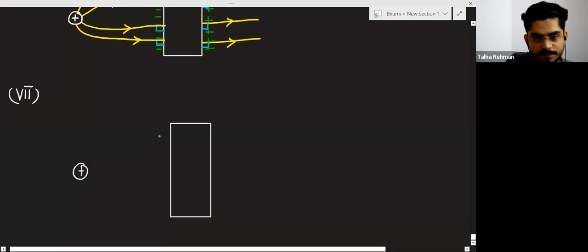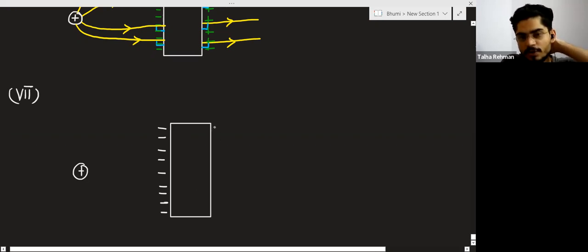So what will happen? Due to this positive charge, a negative charge will be induced on this side of the conductor, and an equal amount of positive charge will be induced on this surface of the conductor.